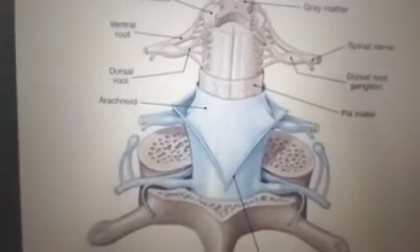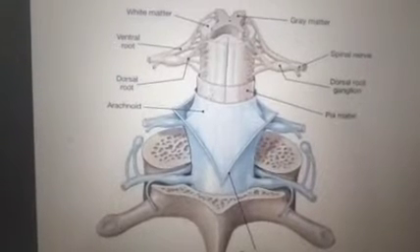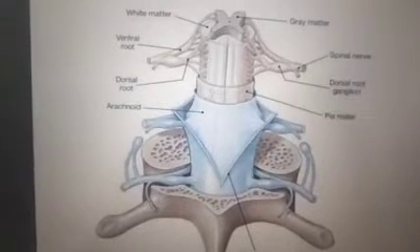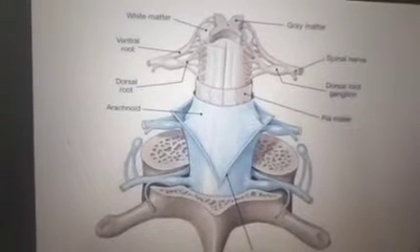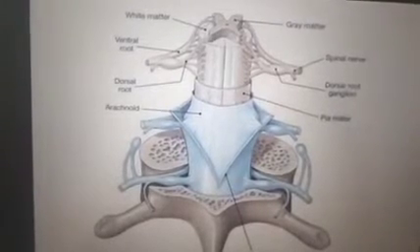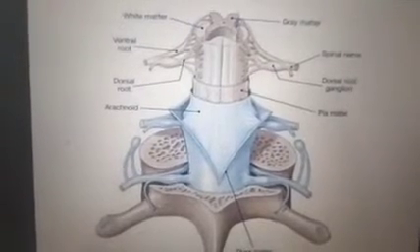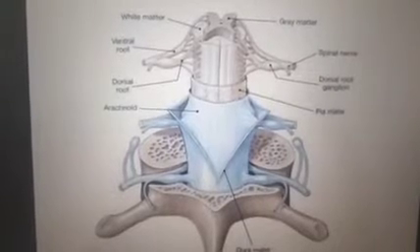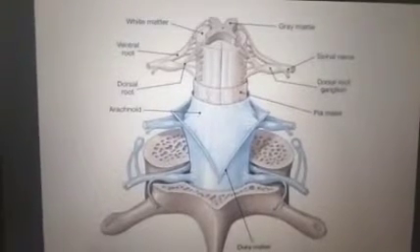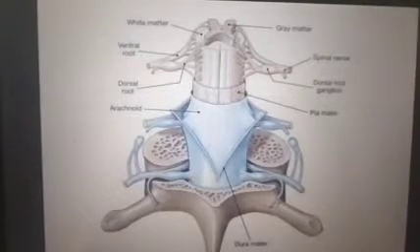In this diagram we are able to see two things together, the spinal cord as well as the vertebral column. This diagram is for understanding of anatomy and its function. So if you see, first of all there is a vertebral body, and it has two wings, and in between there is a foramen.